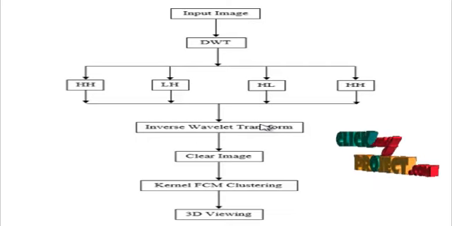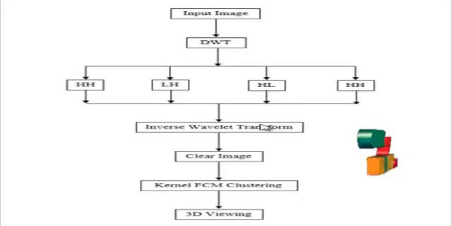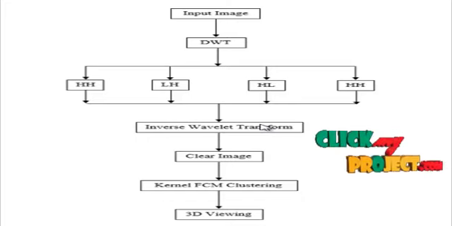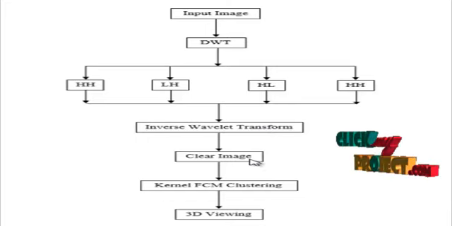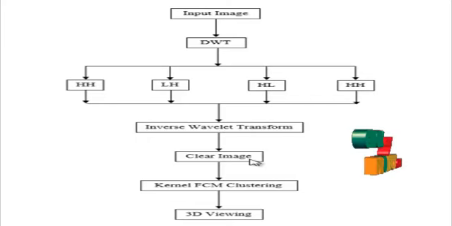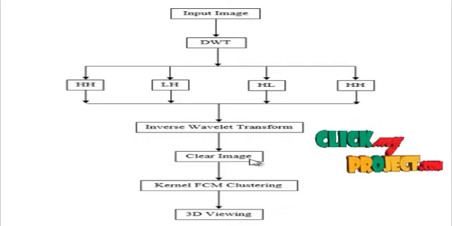As a result of the inverse wavelet transformation, an image with clearer regions compared to the input image is obtained. So we obtain the clear image from the input image. After that, kernel FCM clustering is employed.